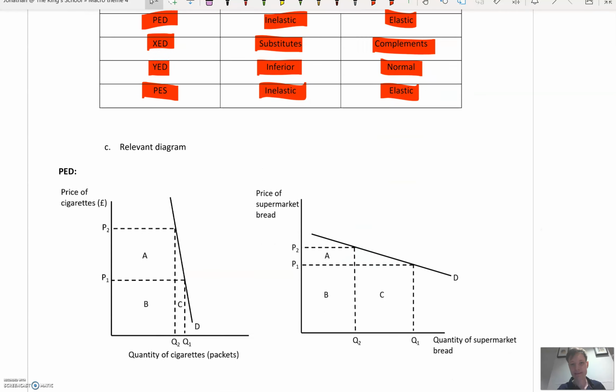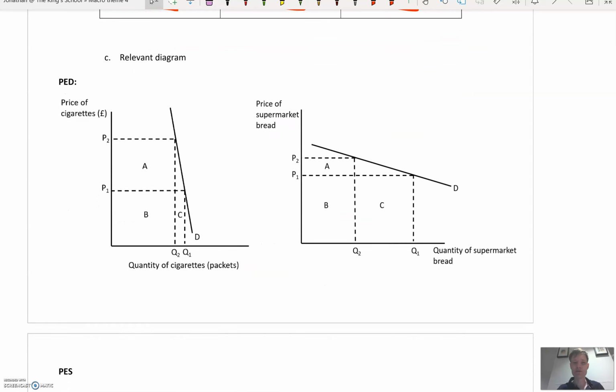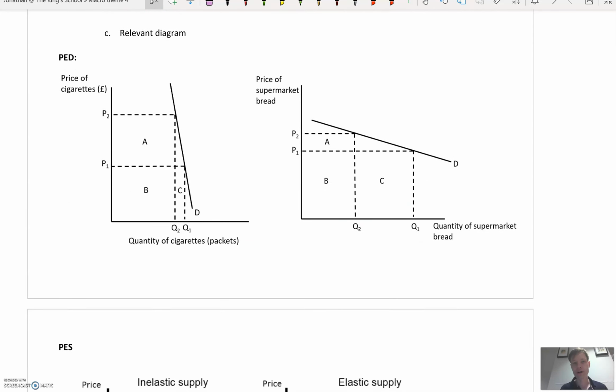Once I've done that, I'm then going to need to use a relevant diagram. For PED, that's one of the most obvious ones. You're looking at using a demand curve, which has a significance. The significance is of the slope, the gradient of the curve. Something that is really nice to do there is if you're using a data response, you could put, say for example, the price of the good there.